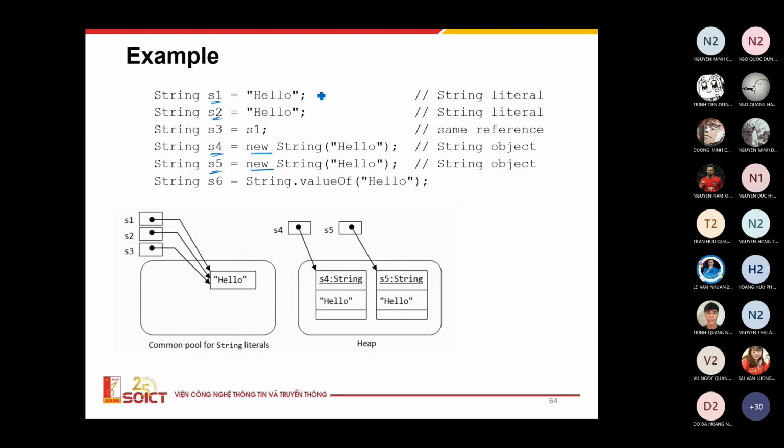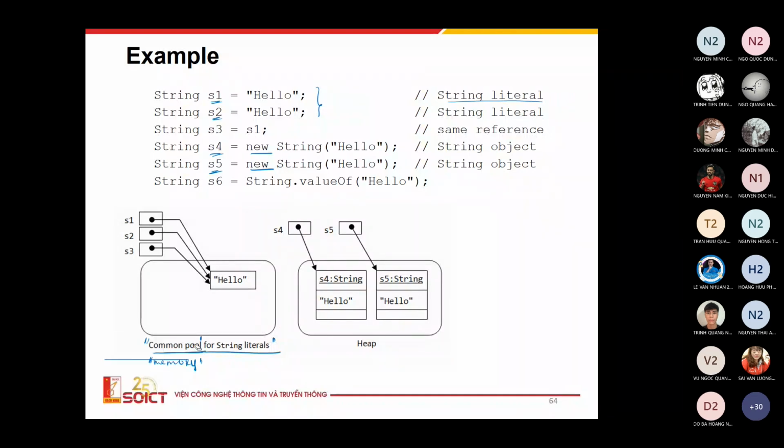Firstly, this kind of initialization is by using a string literal. Okay, and every string literal is stored in a common pool. This is one kind of memory. In the memory, you will have a part which is called a common pool for the string literals.